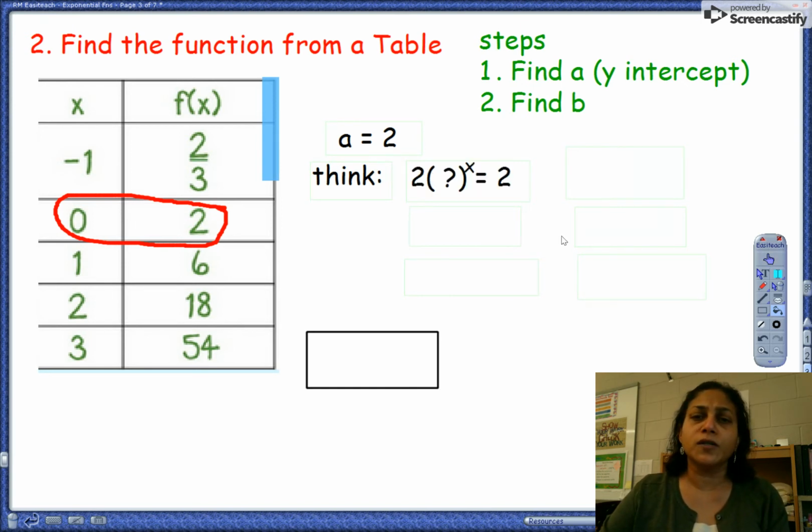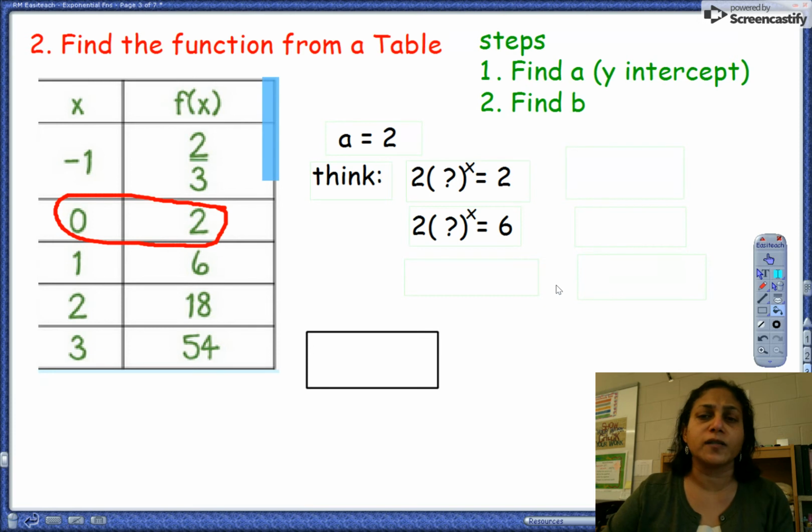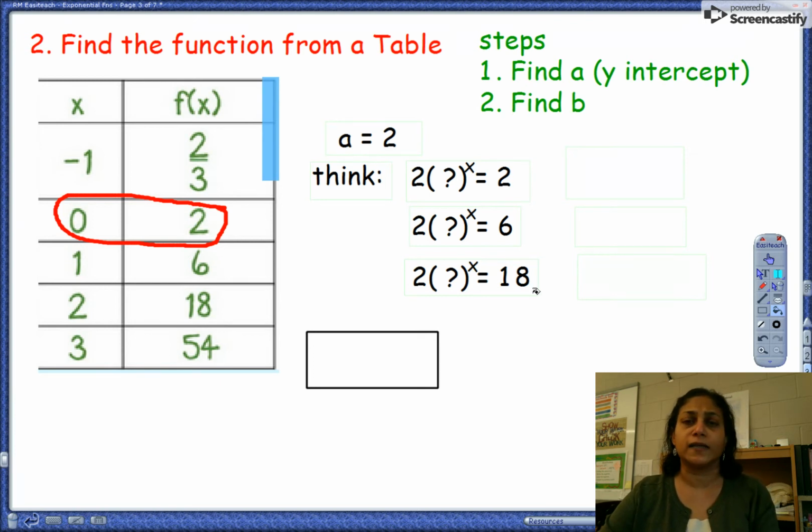2 times what to the power of x is equal to 2. 2 times what to the power of x is equal to 6. 2 times what to the power of x equals 18. And if you look at it carefully, you can figure out what the number has to be.